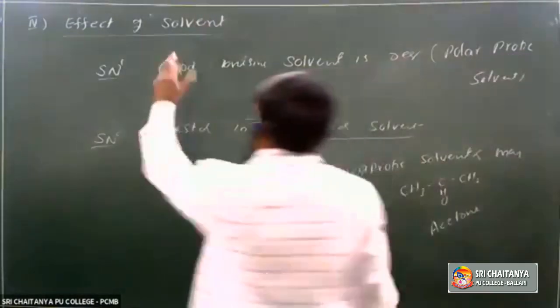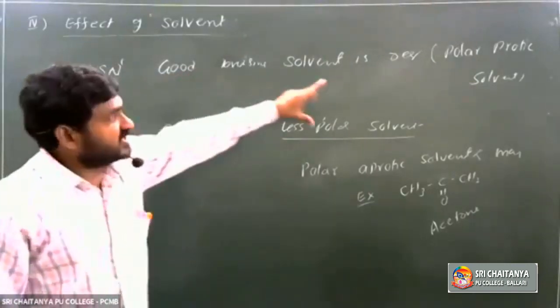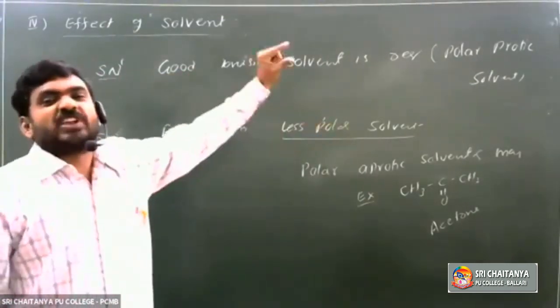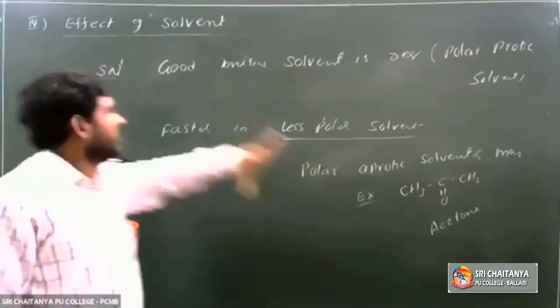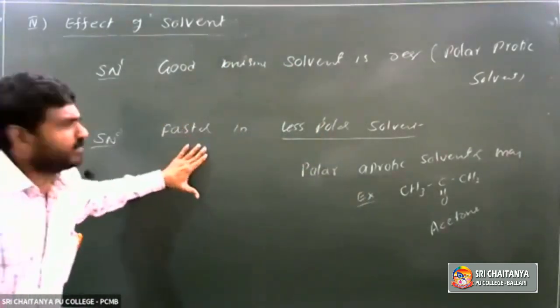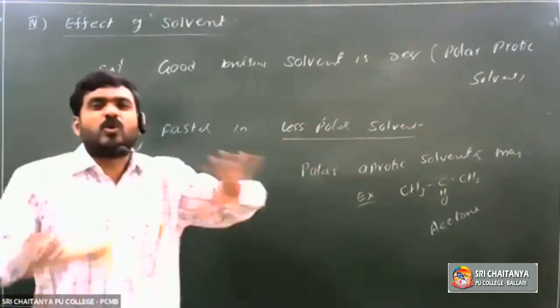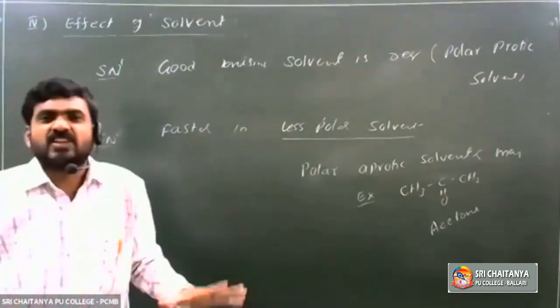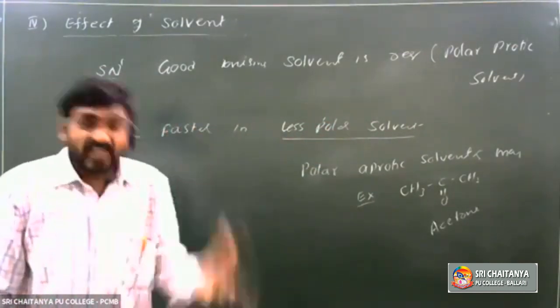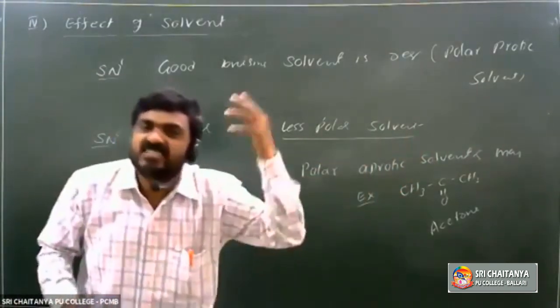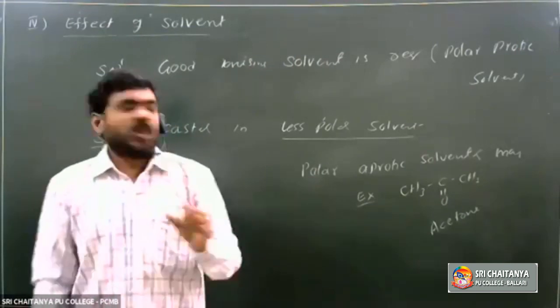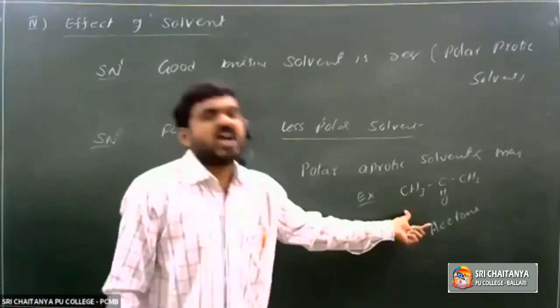In case of SN1, a good ionizing solvent, meaning polar protic solvent, is required, like water, acetic acid, ethyl alcohol. In case of SN2 mechanism, less polar solvent, no influence of solvent. If the nucleophile is weak, polar aprotic solvent can enhance the rate of reaction. Example: acetone.